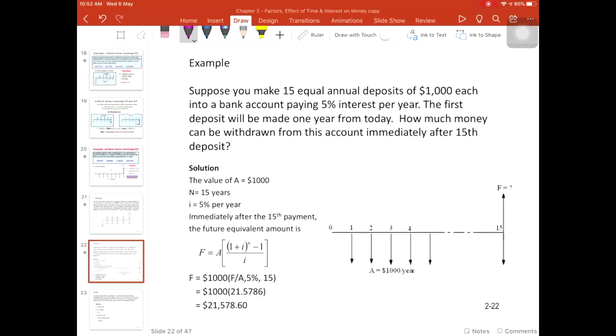What is the money at year 15? So F equals A, F over A, 5%, N 15. So you will get 31,558.60 ringgit. Okay, boleh.